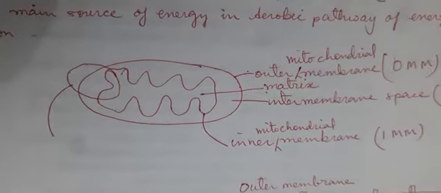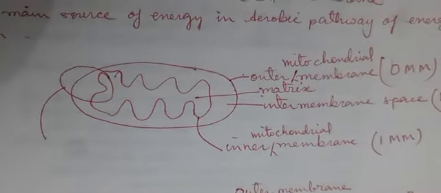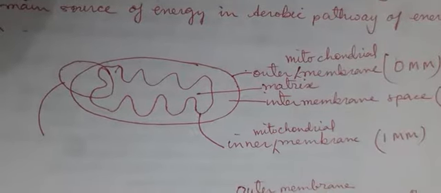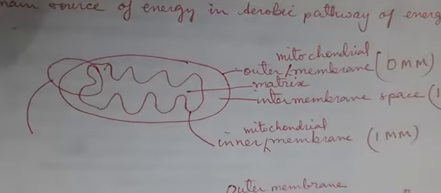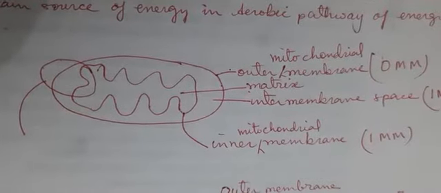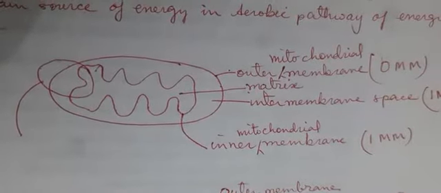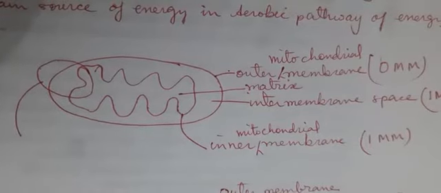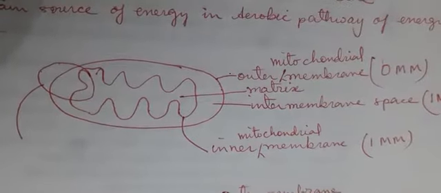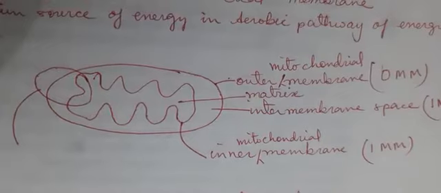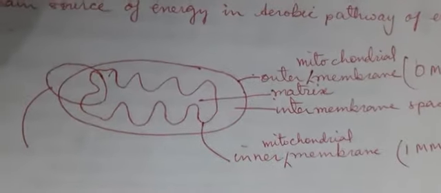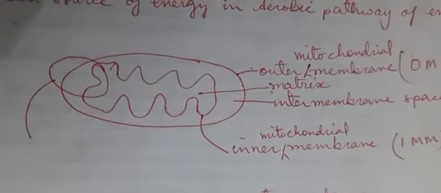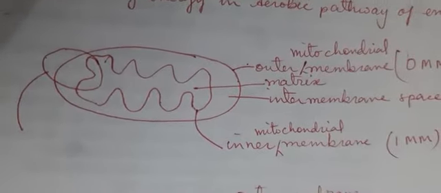Good morning, students. Today we will be studying the electron transport chain that is related to the cellular respiration process. And this is the chain which is involved in the synthesis of ATP, that is the energy currency in the mitochondria.